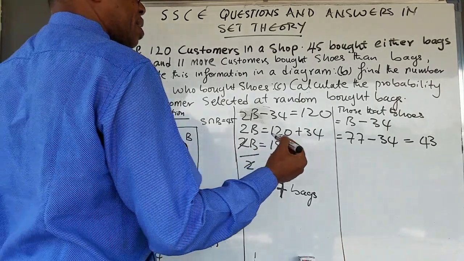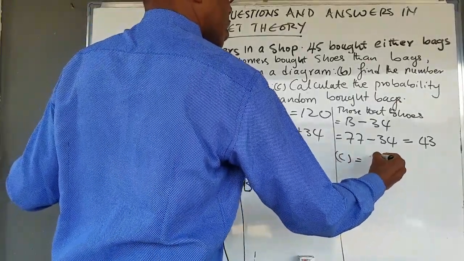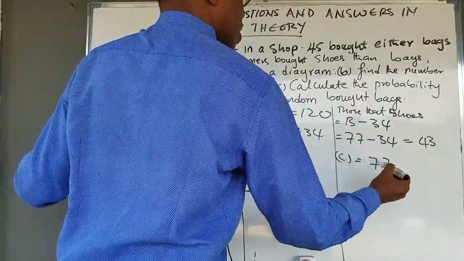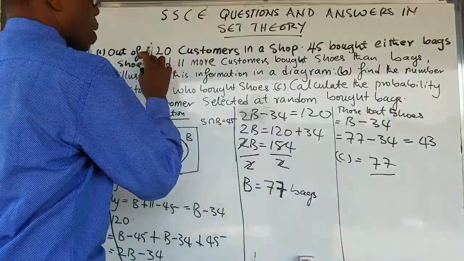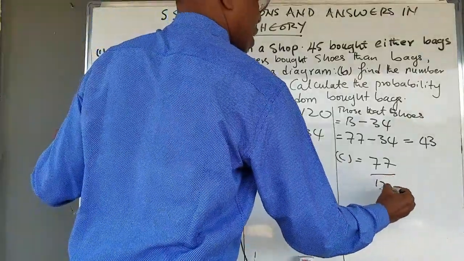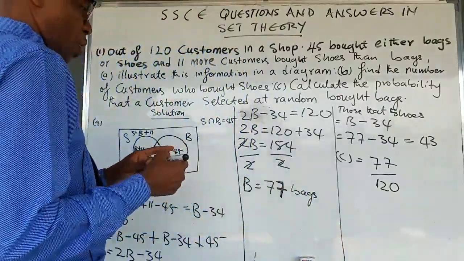The probability is, since we have 77, that's B, the probability will now be 77 over 120.